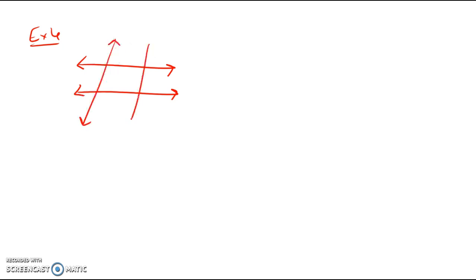One last example, example 6. So here we have two sets of lines with technically two transversals. So here's line A, B, C, and D, and then we're going to label this 1, 2, 3, 4, 5, 6, 7, 8.